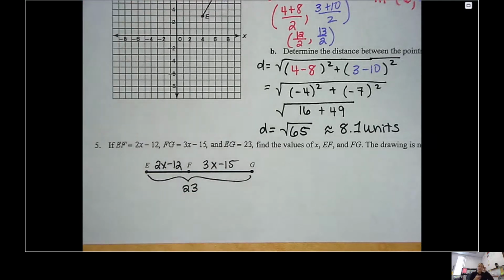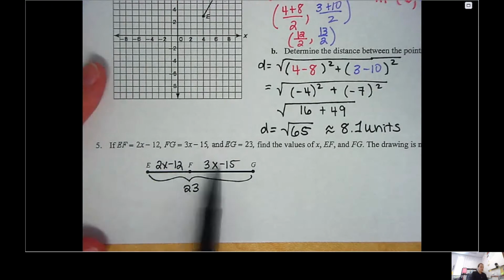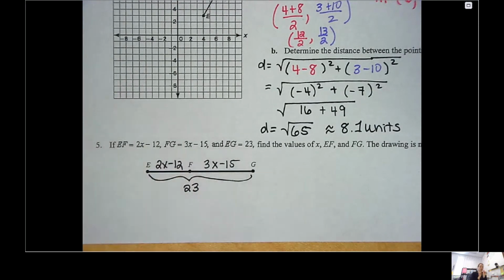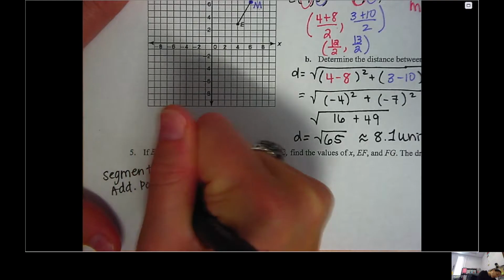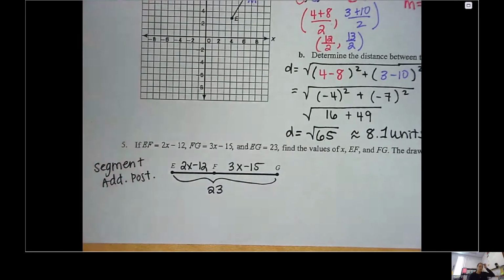Well, this right here is pictures of segments. I know if I add together the two smaller segments, the two small pieces together, I should get the whole segment, the whole thing. That is the segment addition postulate.